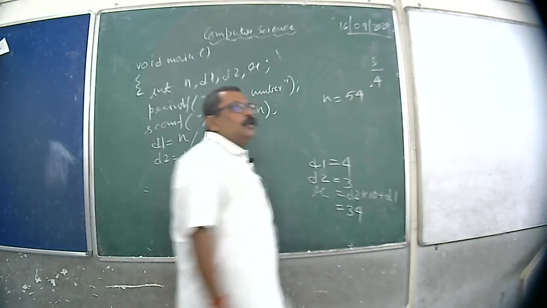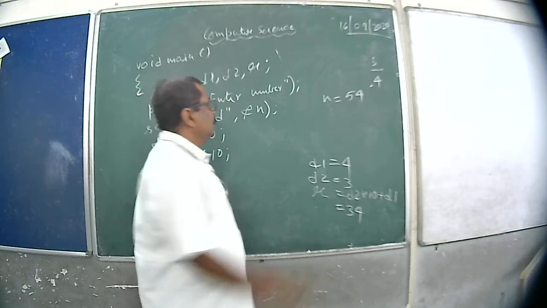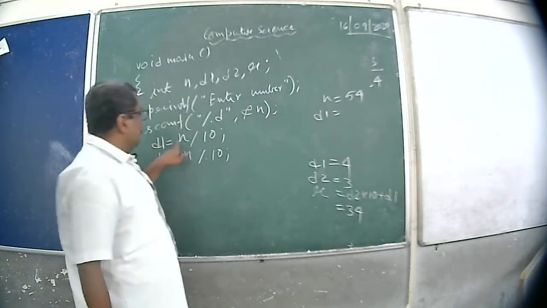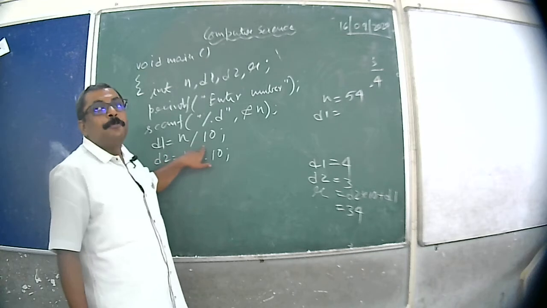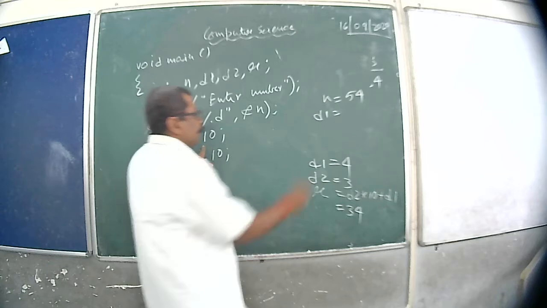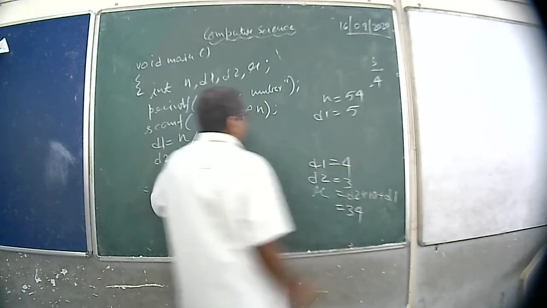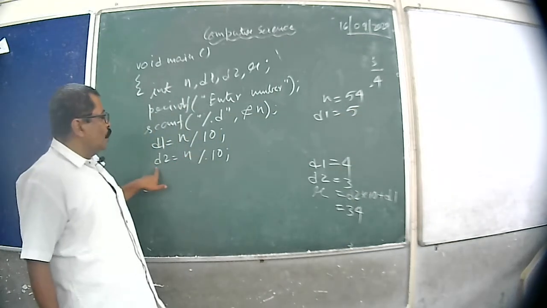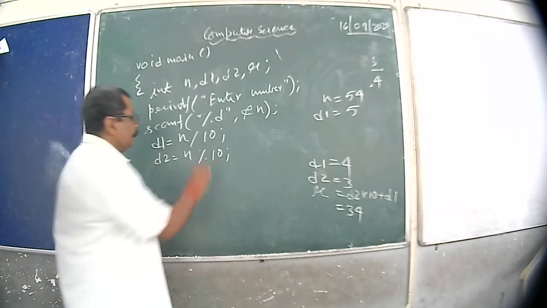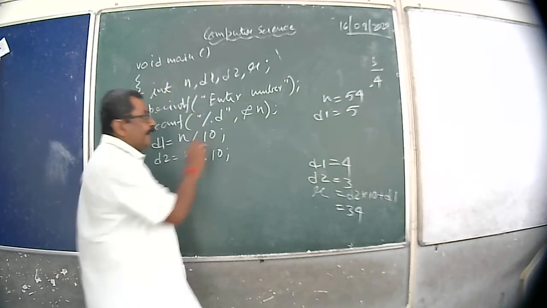If n is equal to 54, then D1 is equal to 54 by 10, that is 5.4, and the integral part is 5. D2 is equal to n percentage 10, that is modulus.